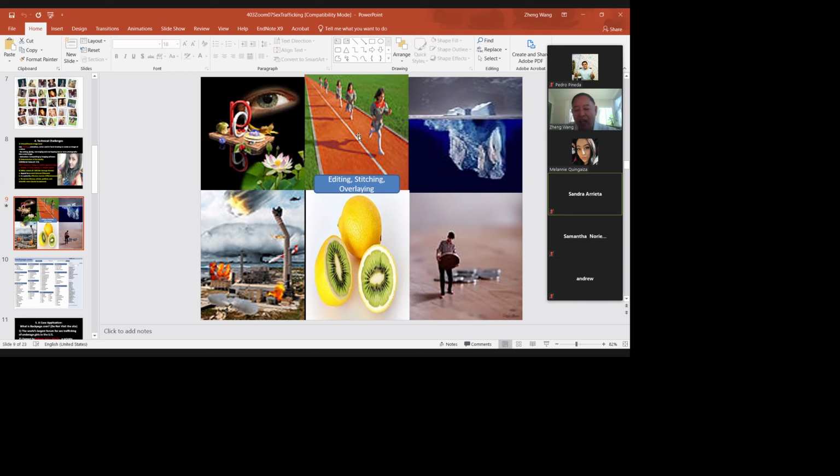Replication. I want to know, for this figure, how do they make this picture? They use several different pictures and put them together. Okay, what part is being replaced?